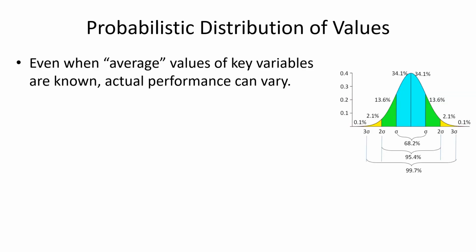So just think that there's a distribution of likely values for any one of the inputs that we're most interested in.